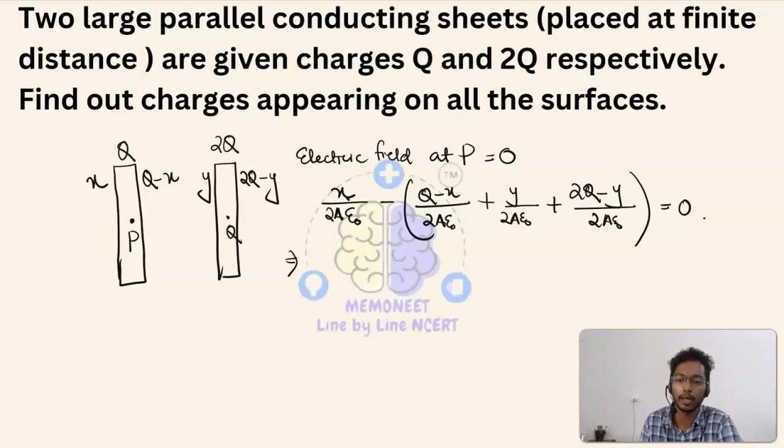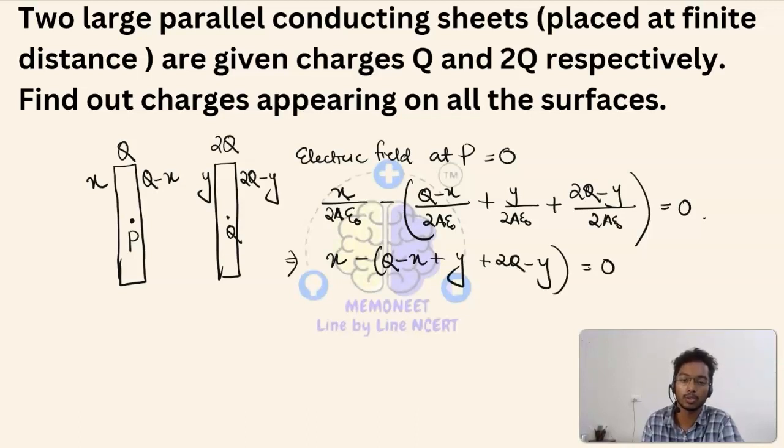So we can directly write x minus (q minus x) plus y plus 2q minus y will be equal to 0. So this will be plus x here, minus of 3q, okay, and y and y cancelled, that will be equal to 0. So x will be equal to 3q upon 2.